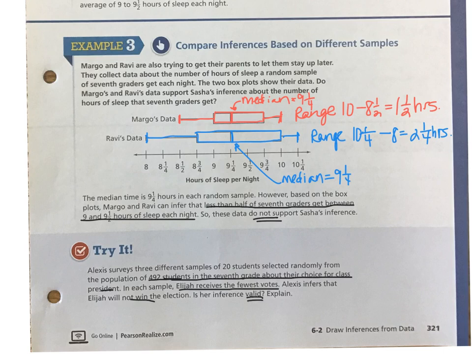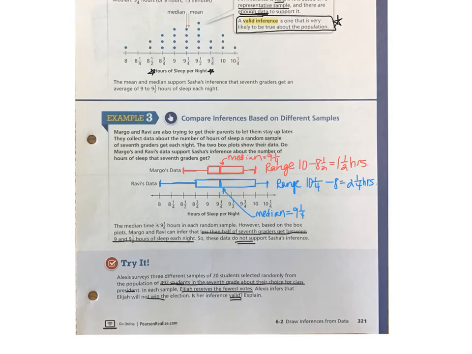Explain. Well, the first thing that we need to do is take a look and see if this sample meets the requirements of a valid sample. And then we can determine if there is enough information here for a valid inference.